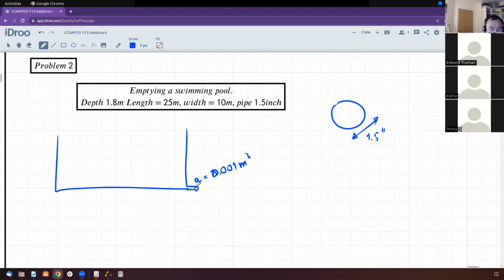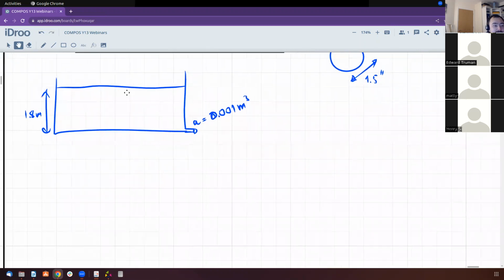That's the cross-sectional area of the pipe. That's your normal bathtub drain. Okay. And let's see how long it will take for a normal swimming pool to empty through that. Okay. So this is 1.8 meters. And this is the cross-sectional area. Okay.